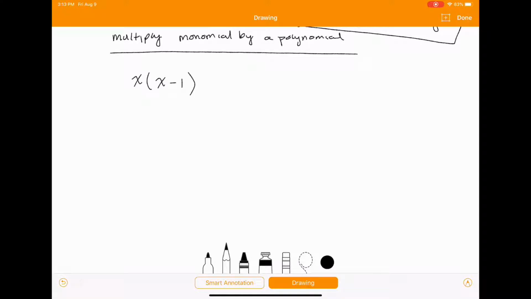You're just going to use your distributive property that you learned previously and distribute this x to each term in your polynomial. So you're going to have x times x plus x times a negative 1. So x squared plus negative x, so that's x squared minus x.